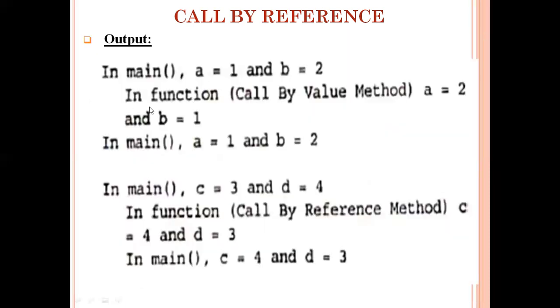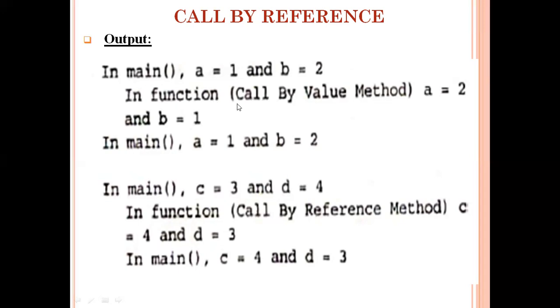First, we have the call by value method. Inside the main function, a value is equal to 1, b value is equal to 2. Next we call the call by value swapping function.